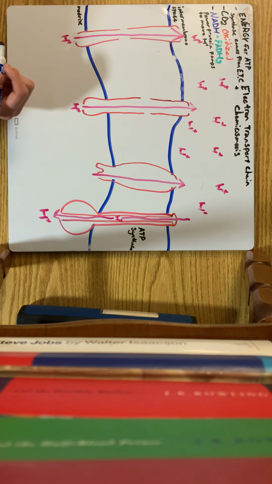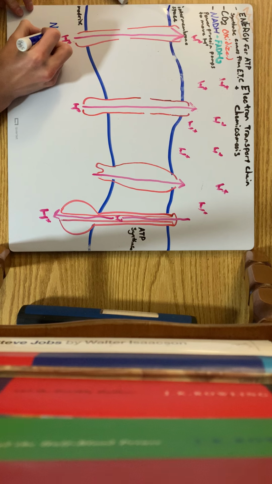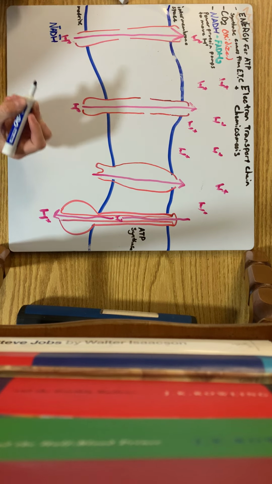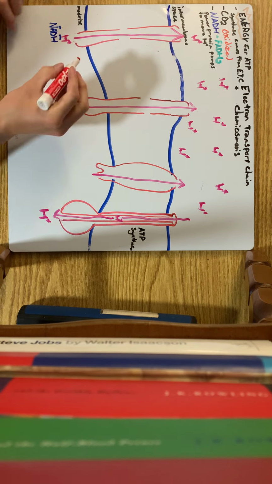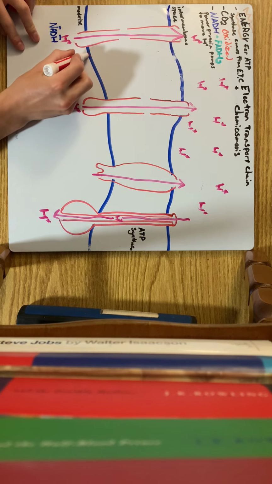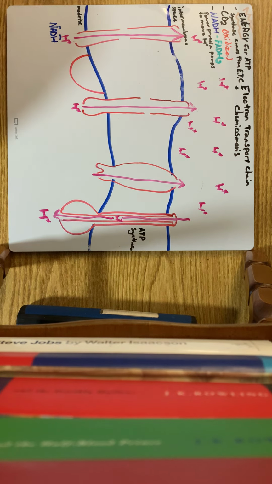So as you remember from previous steps, we have NADH. Just draw two little dashes for the electrons. I actually forgot to draw something here. So I'm getting further along. There's another protein there.